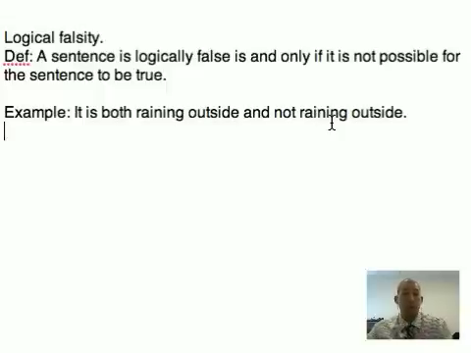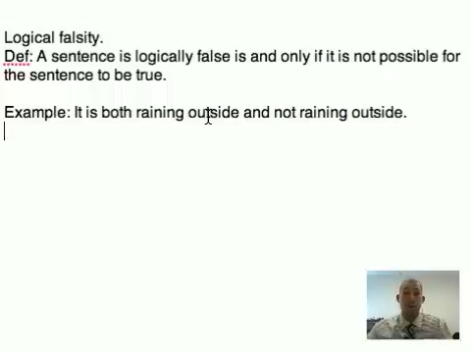So in the scenario where, for example, it's not raining outside, then this part of the sentence will be true, namely that it is not raining outside. But the sentence is also saying that it is raining outside, but we just said that it's not raining outside. So this sentence can't actually ever be true, right?